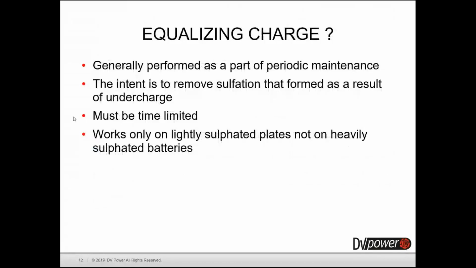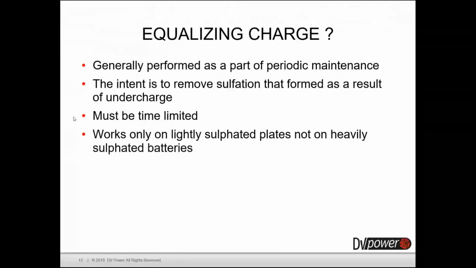I spoke about the equalizing charge. Equalizing charge is generally performed as a part of periodic maintenance. The intent of equalizing charge is to remove sulfation that forms as a result of undercharge. Equalizing charge must be time limited. It's not advisable for equalizing charge to last long.